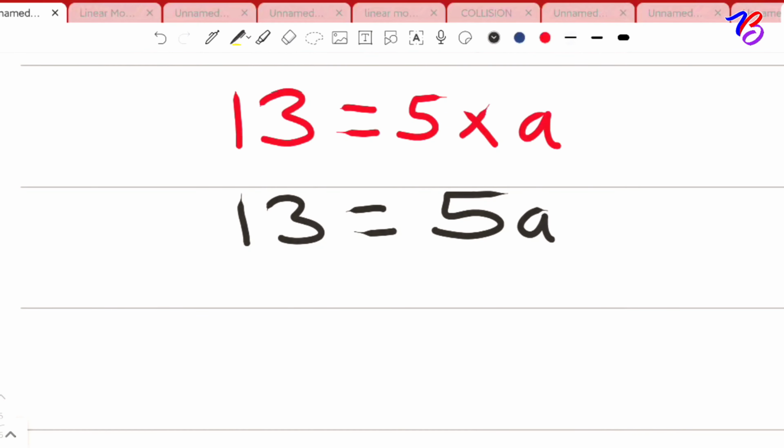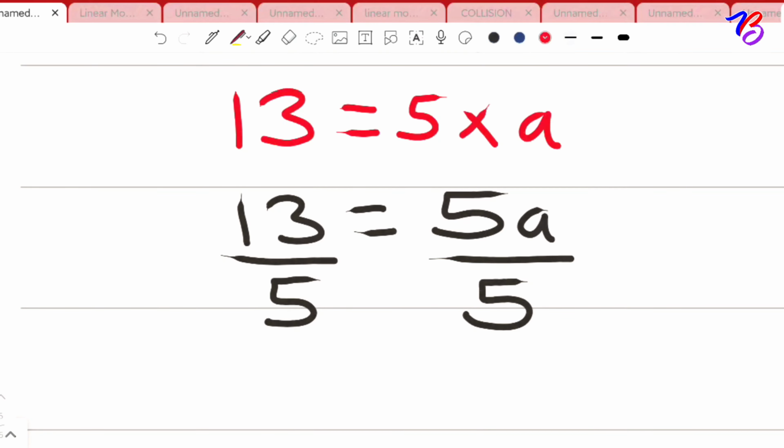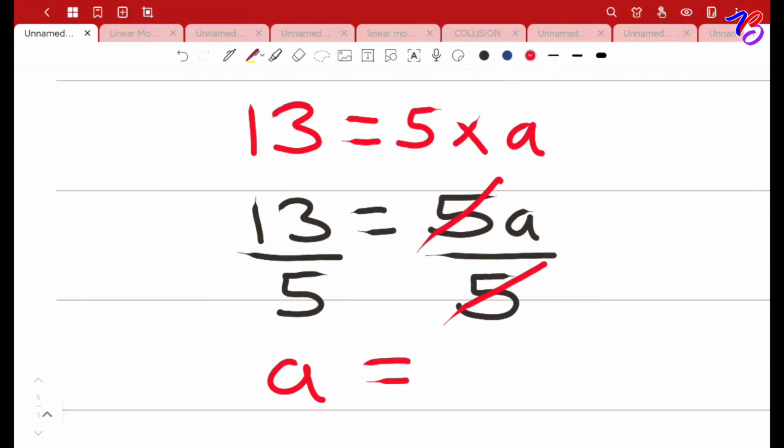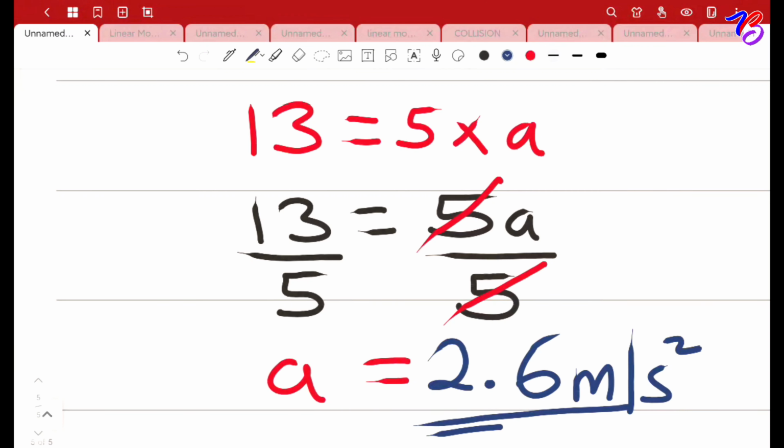What next? We divide through by 5. Divide both sides by 5. We cancel out 5. Hence, A is equal to 13 divided by 5, which will give us 2.6 meters per second squared. This becomes our final answer.